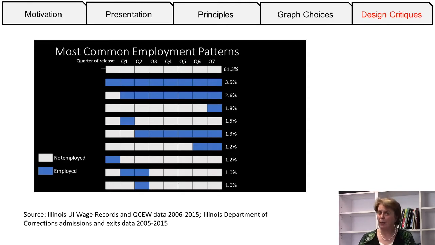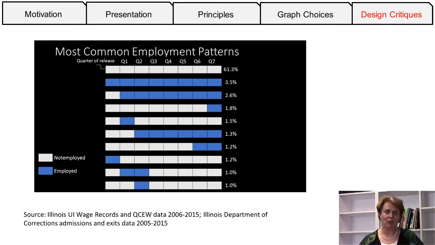And this really was something that the Director of Corrections, John Baldwin, took to heart, because he said, I had no idea that the patterns of employment were so striking. So there was one picture that told 1,000 words, and I think it's quite powerful.